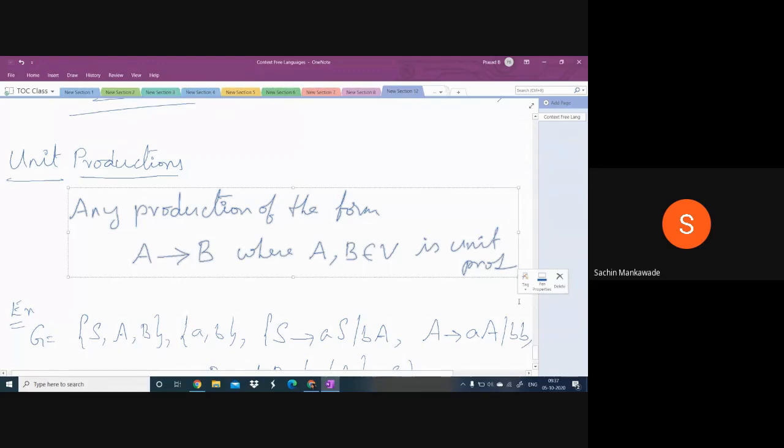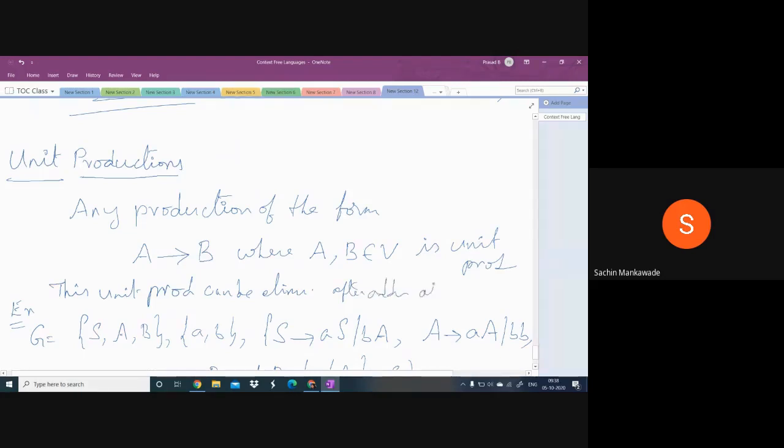Any production of the form A derives B, this unit production can be eliminated after adding all B's productions to A. Here I am writing all B's productions to A. We want to eliminate this unit production A derives B. To eliminate this, whatever B's productions there are, all those B's productions must be added to A. So this unit production can be eliminated after adding all B's productions to A.